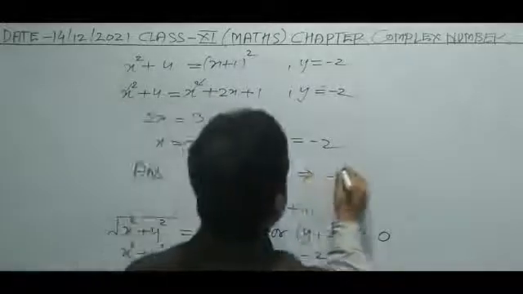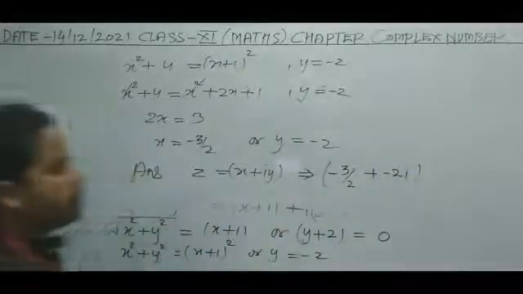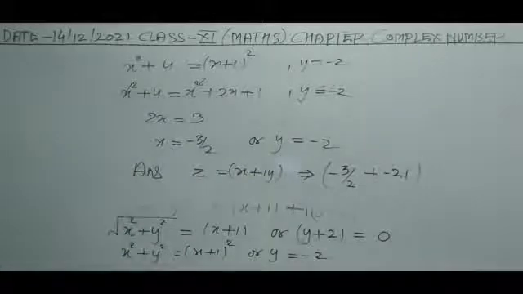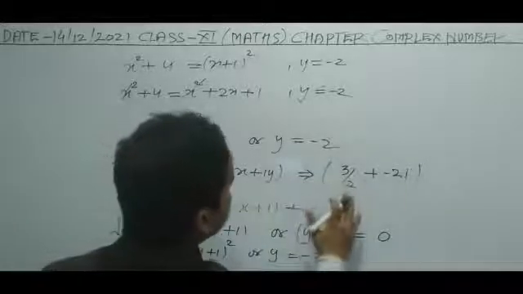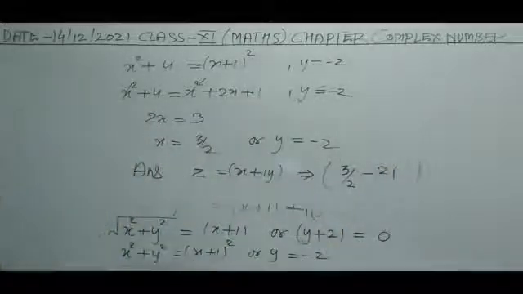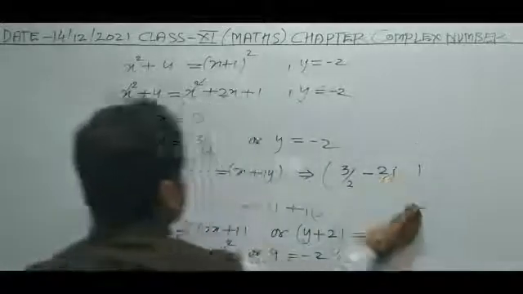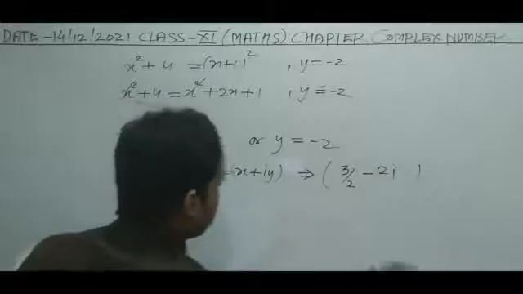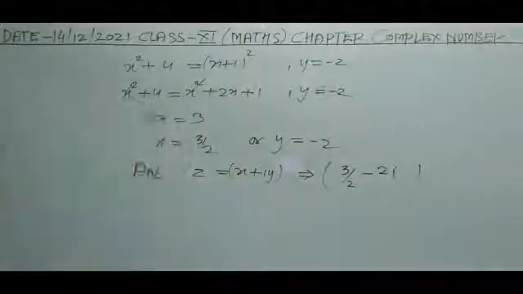This implies z is equal to 3 by 2 minus 2i. Now this is the answer.